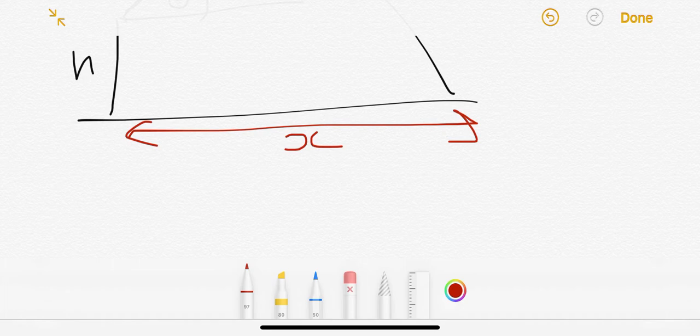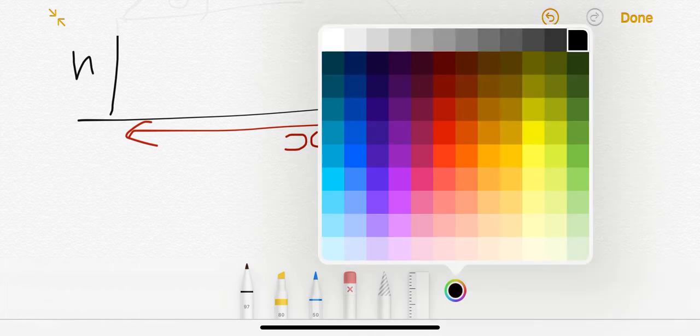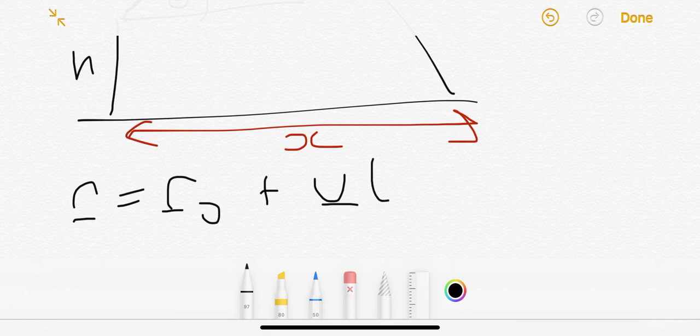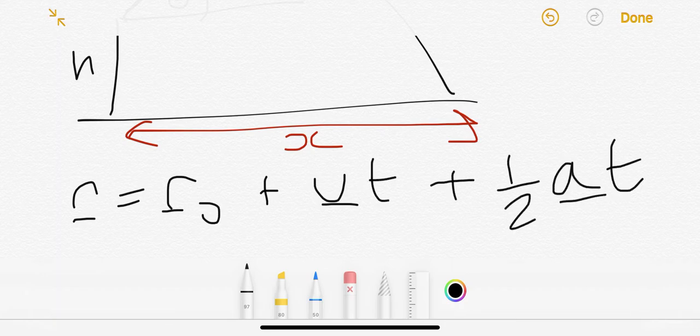So we think we're going to use the SUVAT equation that we have been using for all of this, that r equals r0 plus ut plus a half at squared. And we start thinking what r, r0, u, and a are.